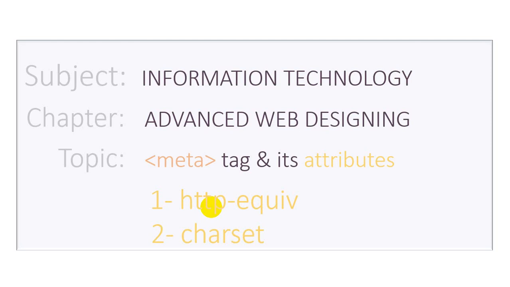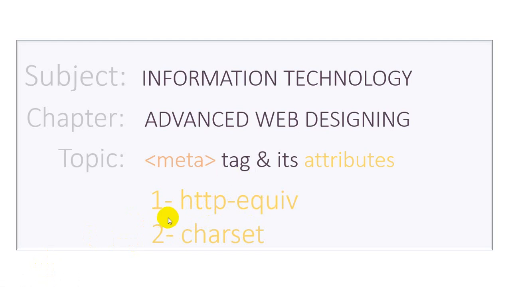Which type of information is sent, we have to specify by using this attribute. So we have different values or keywords which are used with the help of HTTP equivalent. The most common keyword is refresh.